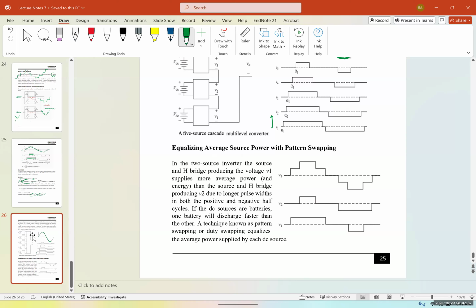In the 2-source inverter, the source and H bridge producing the voltage V1 supplies more average power and energy than the source and H bridge producing V2 due to the longer pulse width in both the positive and negative half cycles. If the DC sources are batteries, one battery will discharge faster than the other. A technique known as pattern swapping or duty swapping equalizes the average power supplied by each DC source.